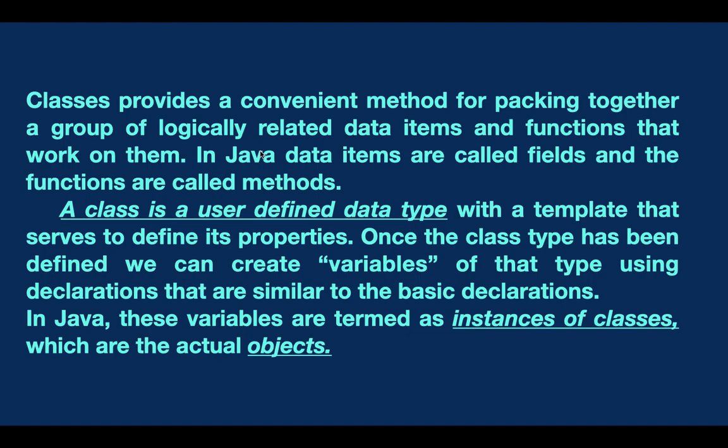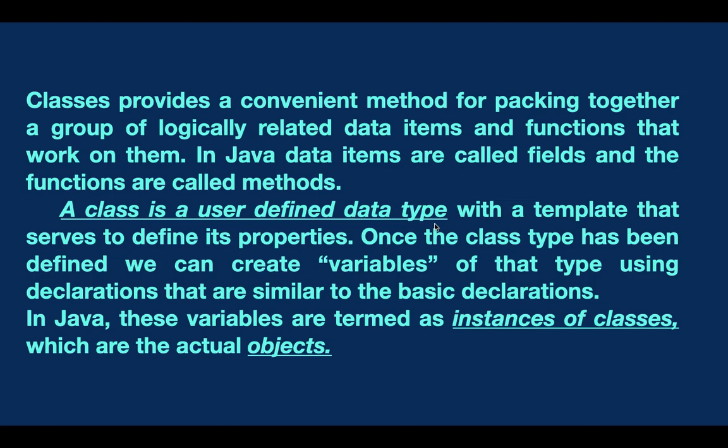So basically a class is simply a container, and at the same time we know that a class is also called a user defined data type. We know about data types, some are primitive data types, but a class is also a data type, and it is a user defined data type because a class is made by the user.